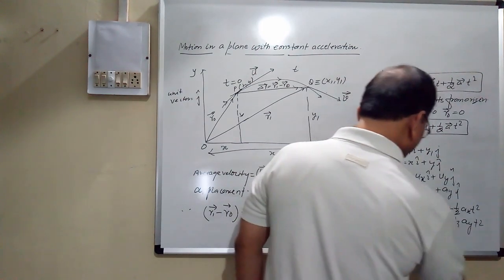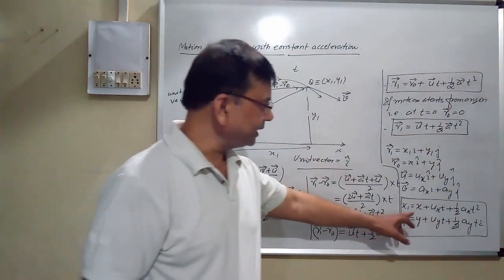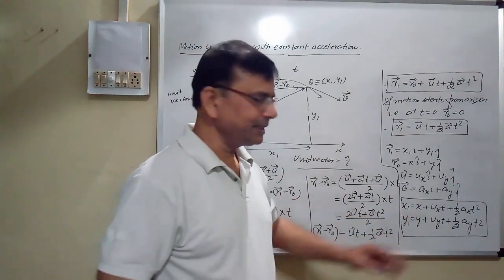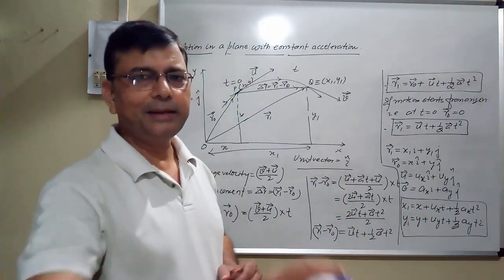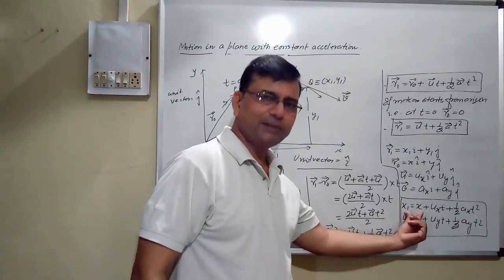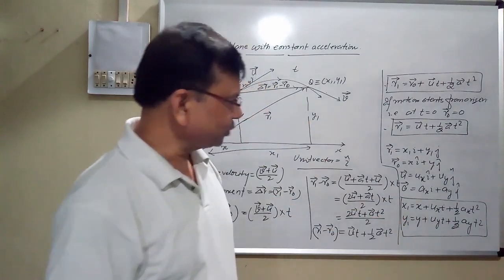These two relations we will get in two perpendicular directions, where x1 and x is the initial displacement, x1 is the displacement after time t. So change in displacement, right? Change in displacement will be x1 minus x. So that can also be written.